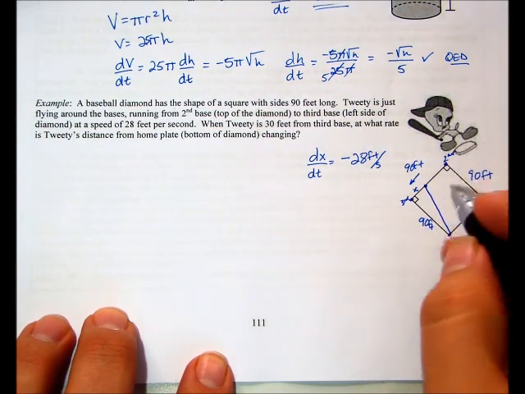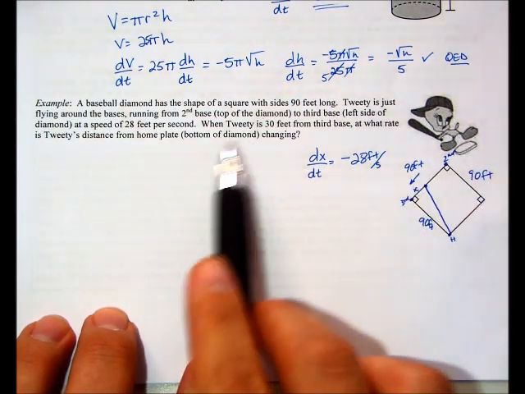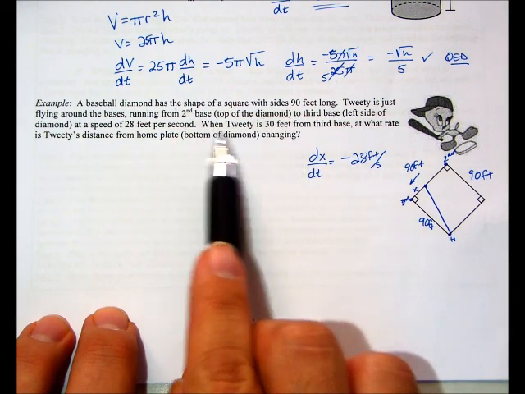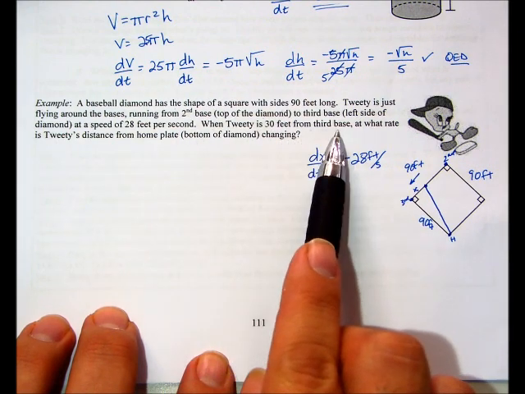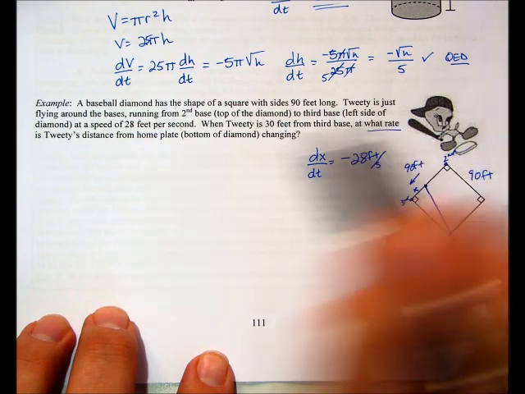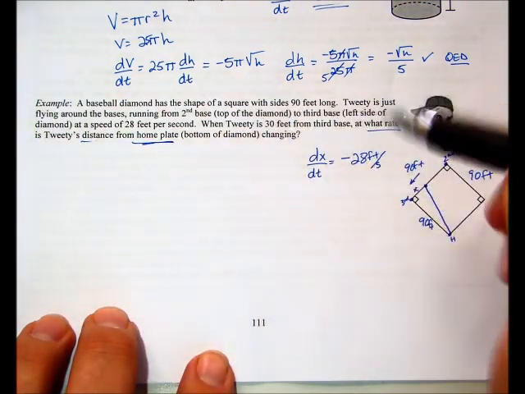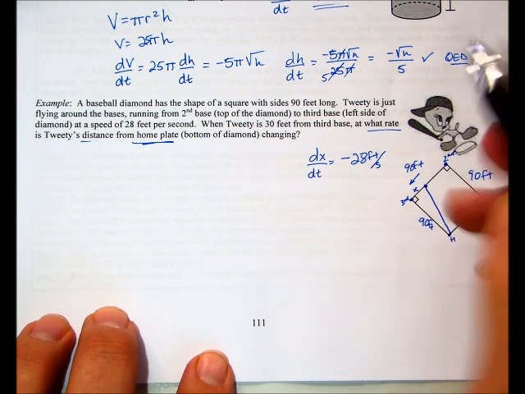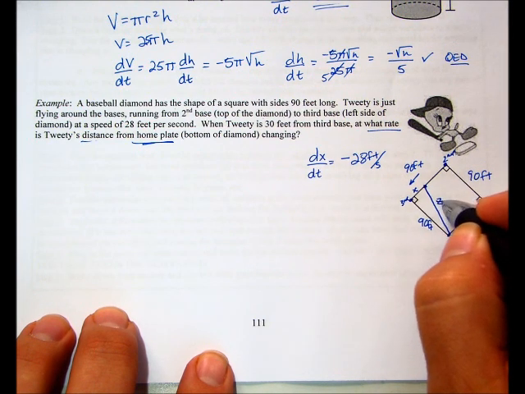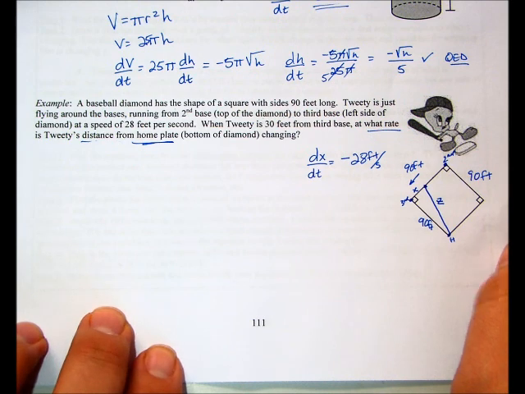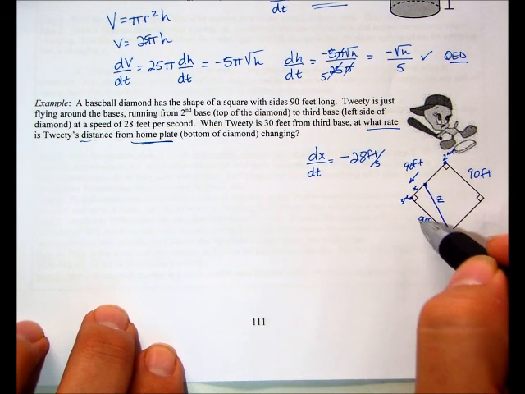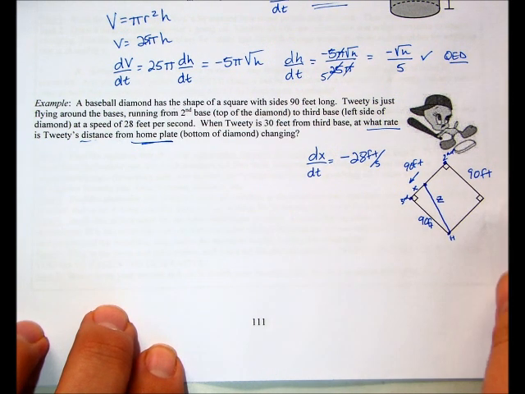Then let's label this z, because as we read, when Tweety is 30 feet from third base, at what rate is Tweety's distance from home plate changing? So that means from where he is to home plate, what is that distance? I'm going to call that z. So what relates the three sides of a right triangle?